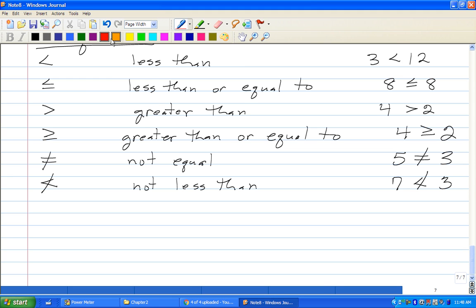This is the same as greater than or equal to. So if it's not less than, then it's greater than or equal to something.